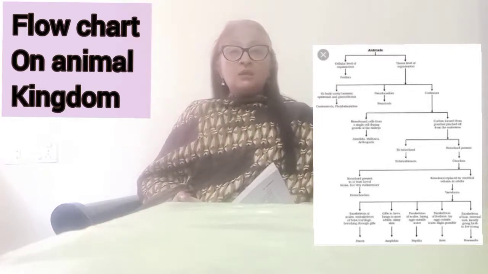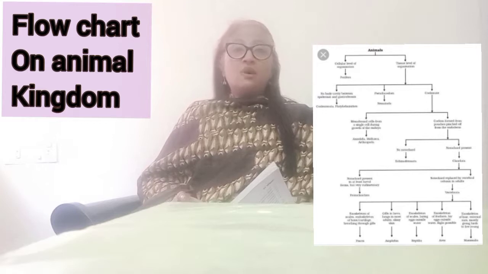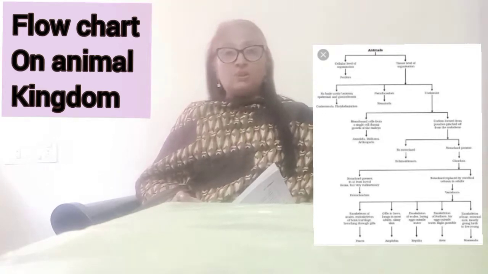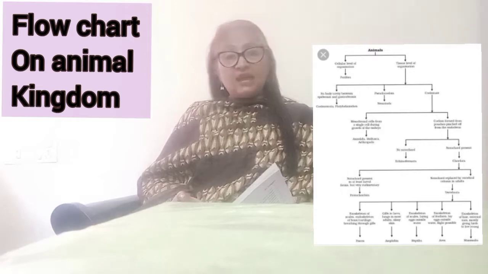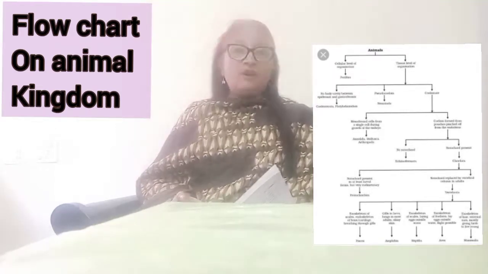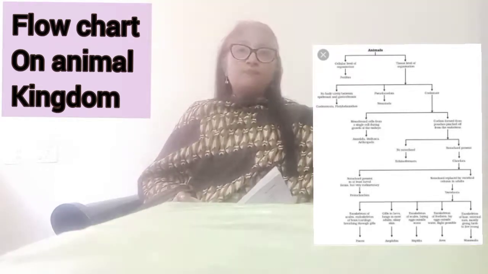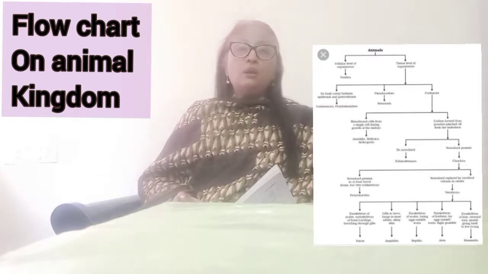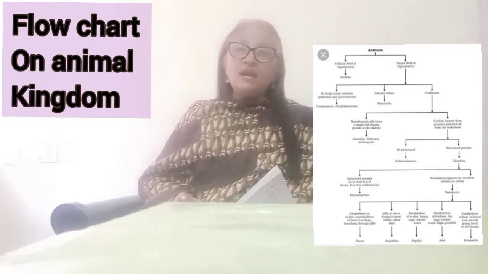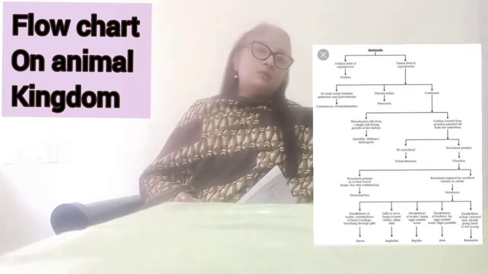And the category which has a false body cavity, that is pseudocoelom, comes the Nematoda, and true body cavity, that is coelomate. Under that, again we have two different categories, that is, mesodermal cells form from a single cell during growth of the embryo. Under this category comes Annelida, Mollusca and Arthropoda.